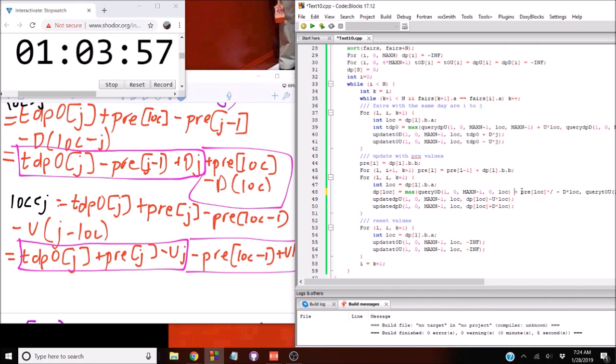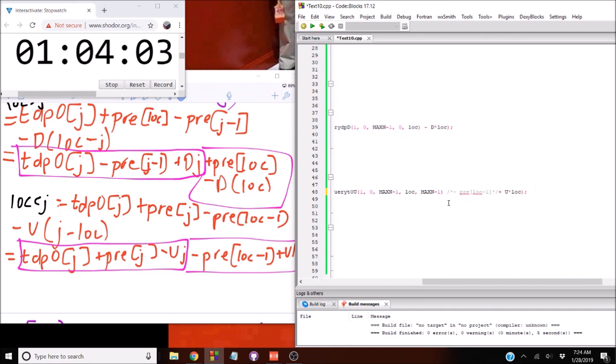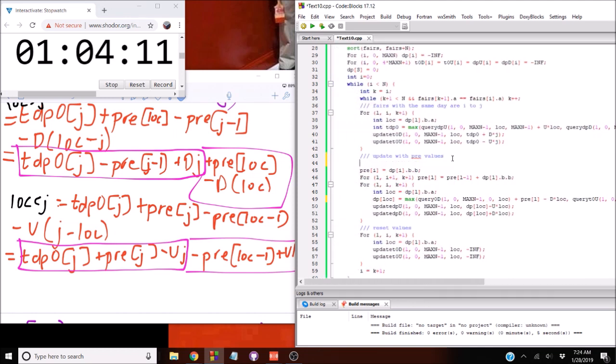Plus prefix lock plus prefix L. And then over here, when you have minus prefix lock minus 1 and minus prefix L minus 1, I think we'll do this. If I is not equal to 0, prefix I minus 1 equals that.